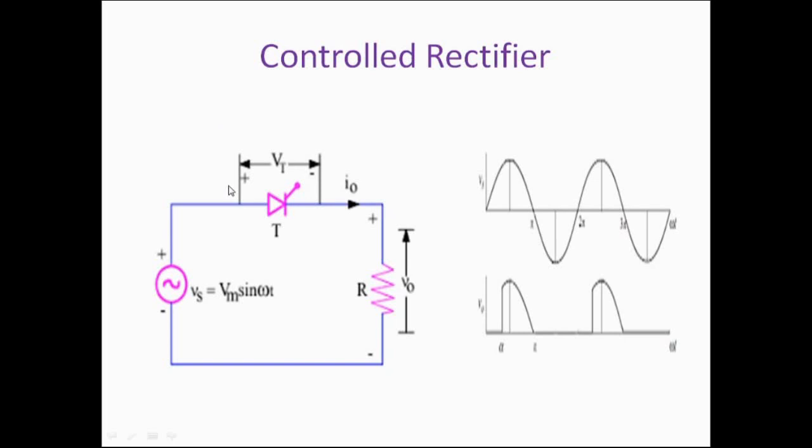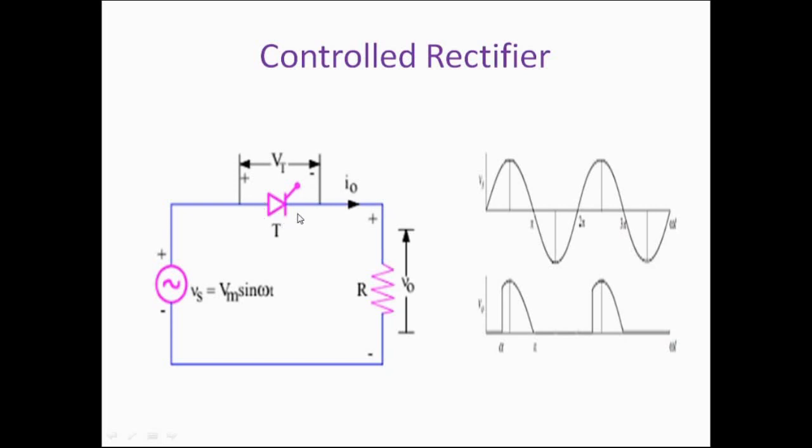Right now remember, this SCR consists of 3 terminals: anode, cathode and gate. As usual, the anode should be made positive. You don't worry, a lot of things are there.